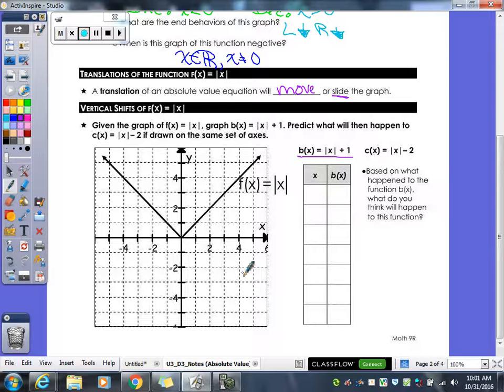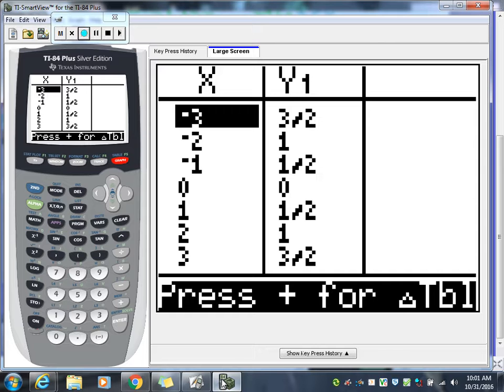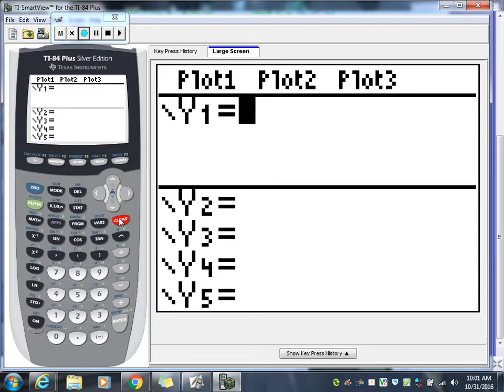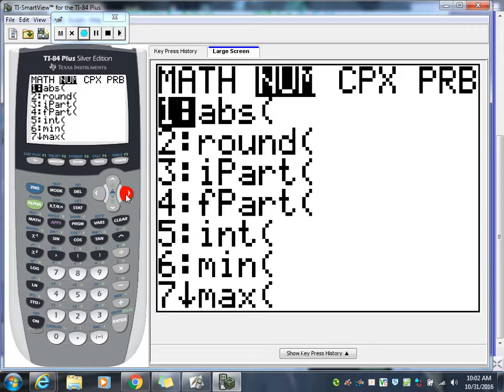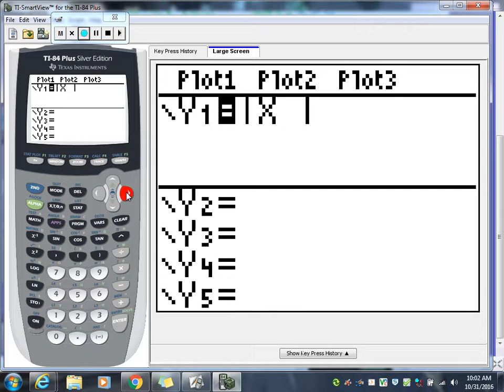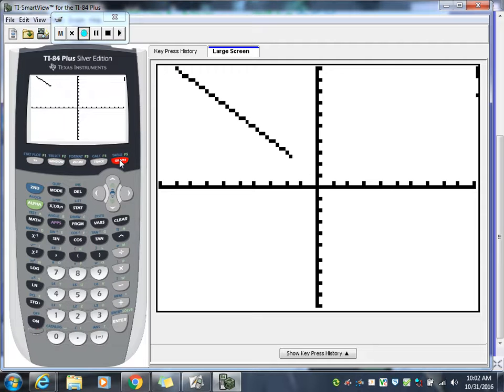So let's go to our calculator. Go to our y equals. Get our absolute value of x. And then outside of the absolute value bars, we're going to hit our plus 1, just like it has on our paper. Okay.